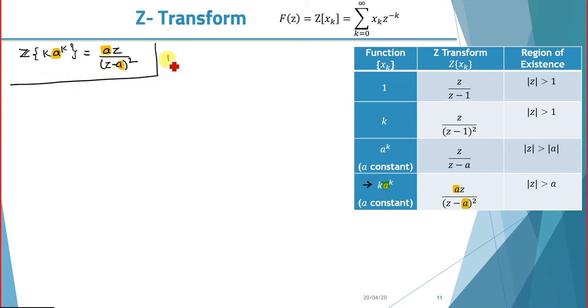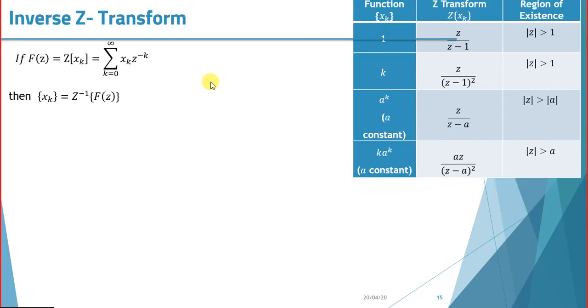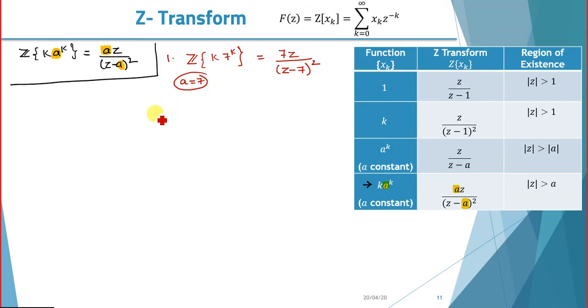Now if you work on it, say Z transform of k times 7 power k. So your a here is 7. This gives you 7z over (z minus 7) power 2. Similarly, what will happen if it is k times (minus 7) power k? Now your a is minus 7, right?